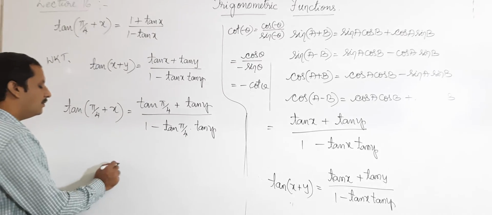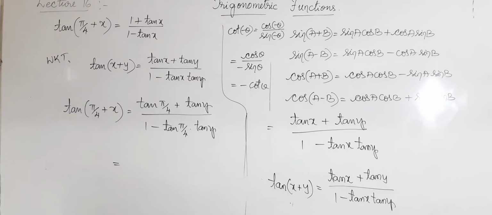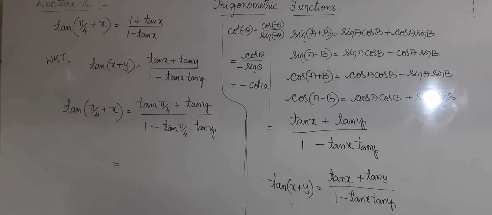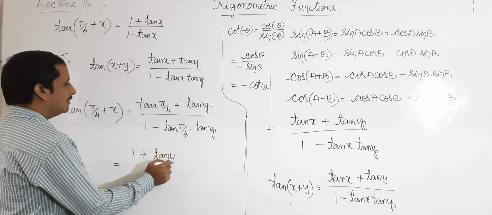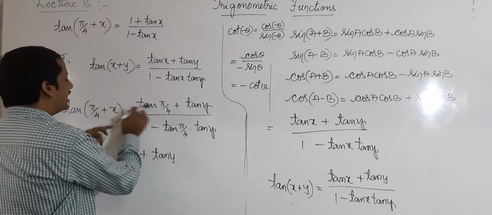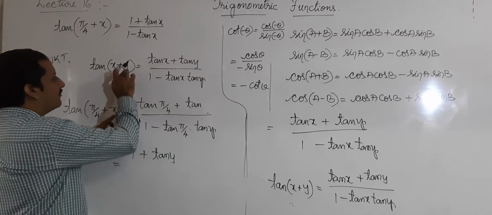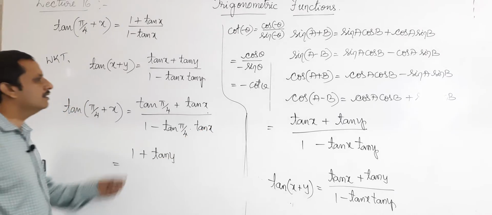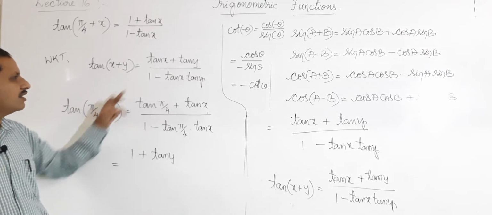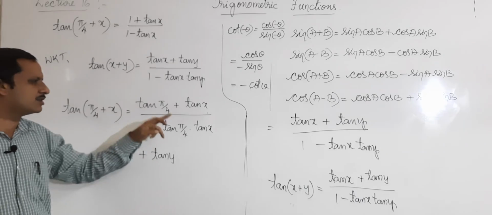What is the value of tan pi by 4? Pi by 4 radian is nothing but 45 degree. In place of x, I am substituting pi by 4, and in place of y, I am substituting x.